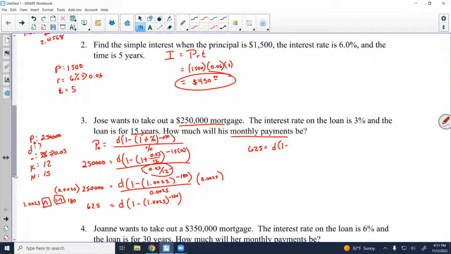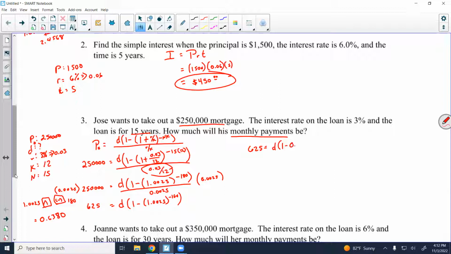Don't use the minus, use the negative. 1.0025 to the negative 180, and that gives me, to 4 decimal places, 0.6380.